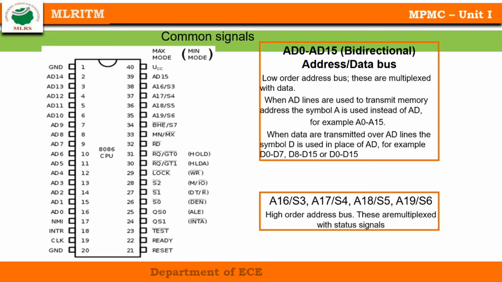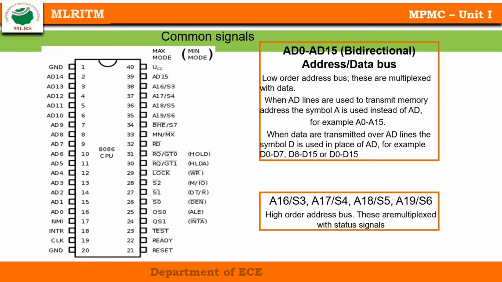When these lines transmit data, they are indicated by D: D0 to D7 and D8 to D15 for 8-bit data, or D0 to D15 for 16-bit data.